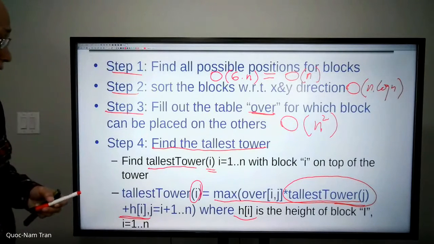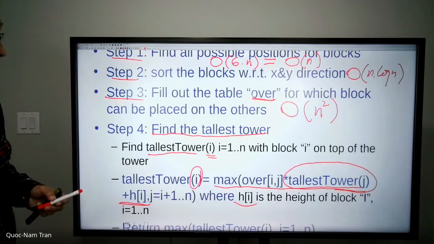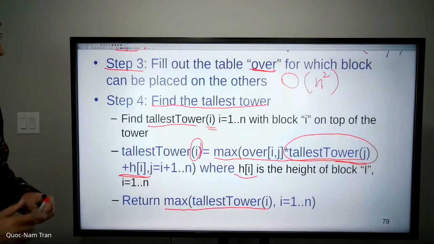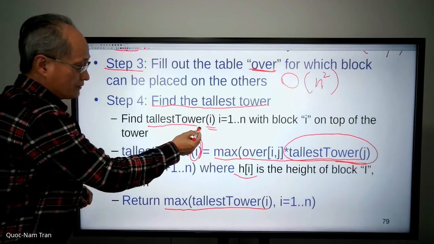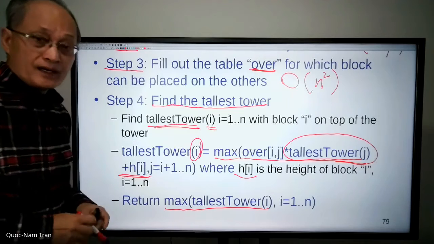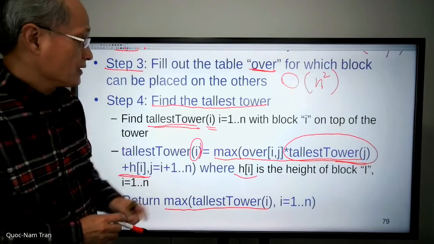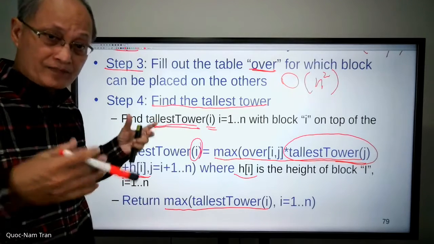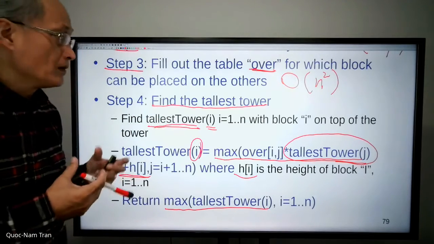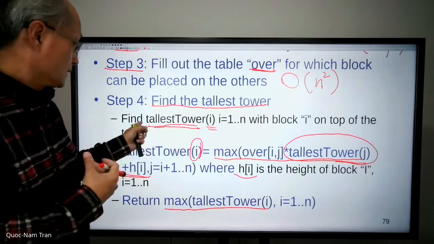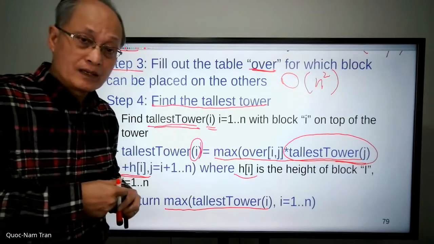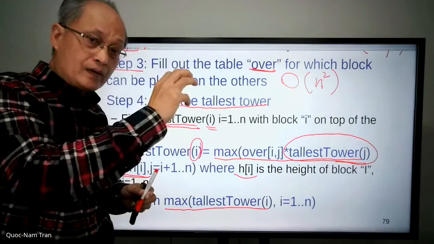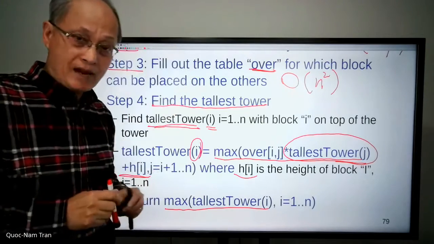Okay, now find the tallest tower using this recursive function. For this recursive function, we have n blocks, right? And then we have to find out what would be the tallest tower in which the block I will be on top of the tower, right?